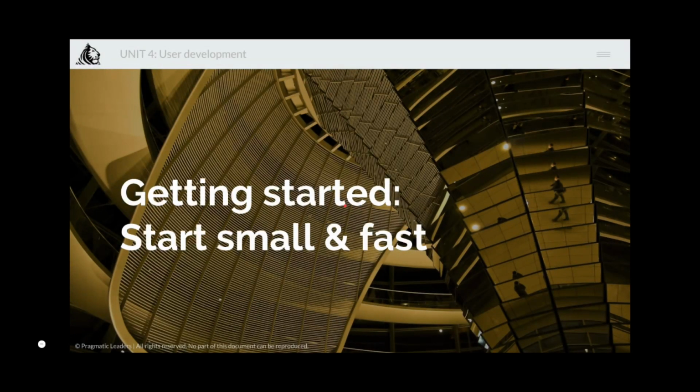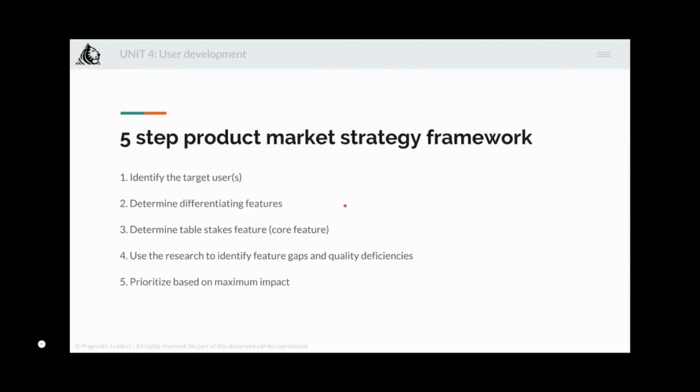I'll start with how you start small and fast, and then we'll go extremely granular. So, a very simple product market strategy framework, very simple 5 steps, almost sounds like common sense. You identify the target user. So you broadly have a sense that, okay, let's say we're targeting, let me imagine a nice little product.